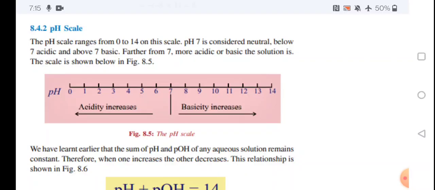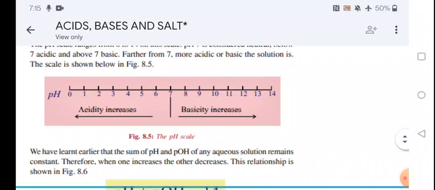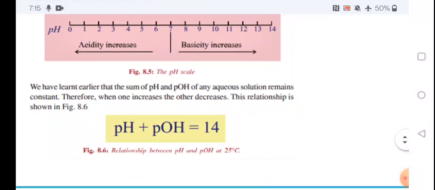Further, from 7, the more acidic or basic the solution is, see the scale shown in the picture. 7 is represented by a straight line, that is neutral. Above 7, that is from 8 to 14, it is basic. Below 7, that is 6 to 0, it is acidic.